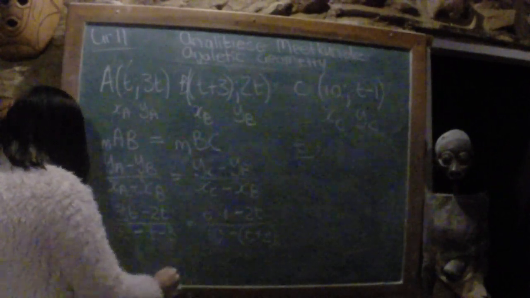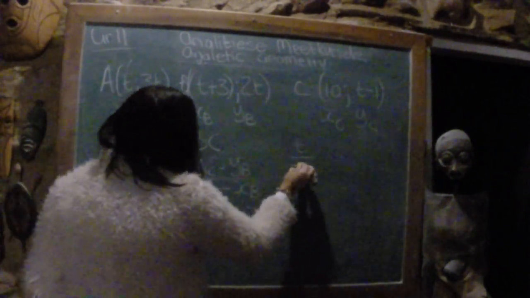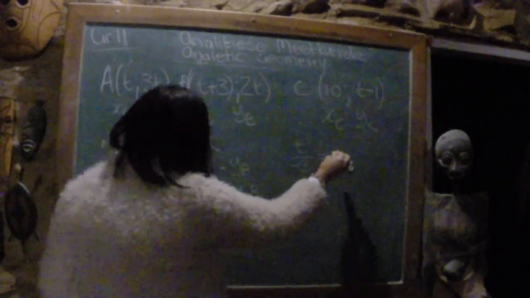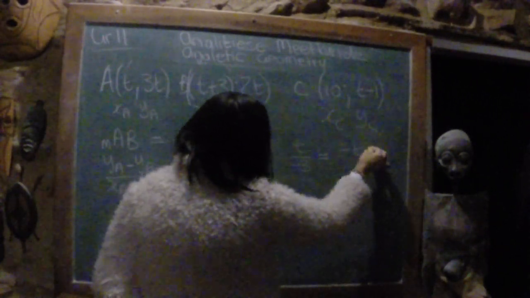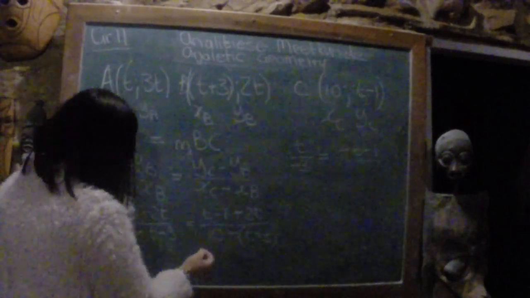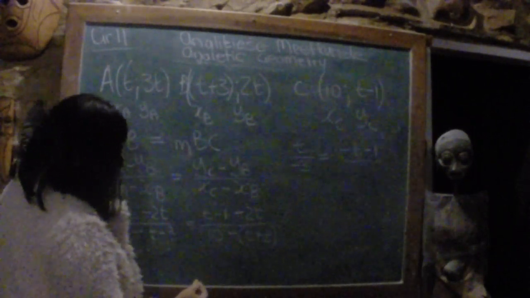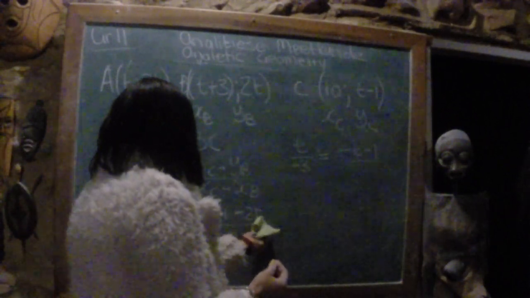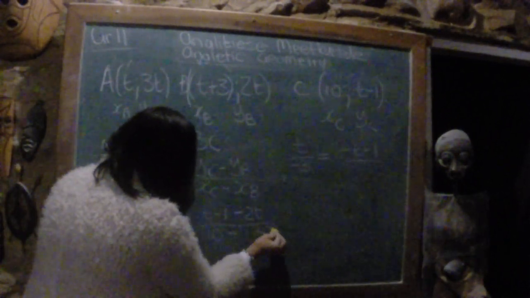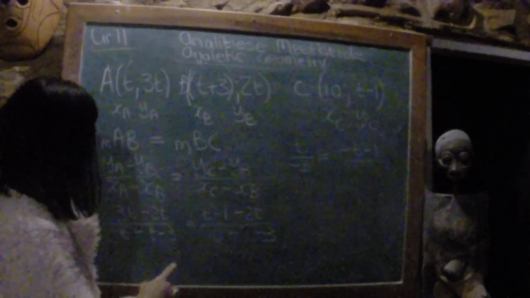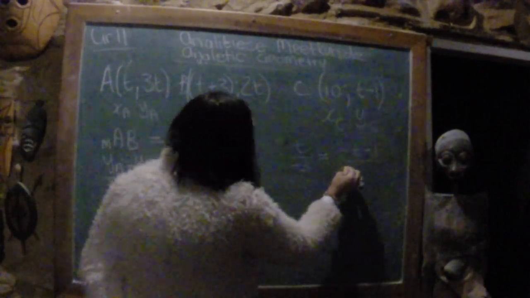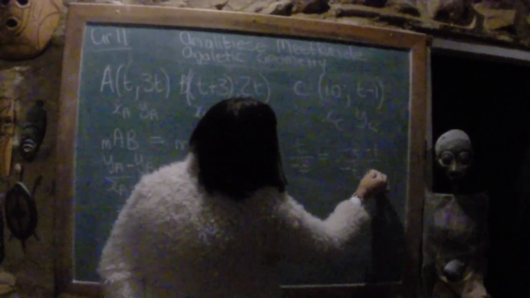So I have the T minus T, and then what remains is minus 3, and that equals minus T minus 1 over 10 minus T minus 3. If I remove those brackets, that becomes a minus 3. So I've got 10 minus 3 gives me 7, so it's minus T plus 7.